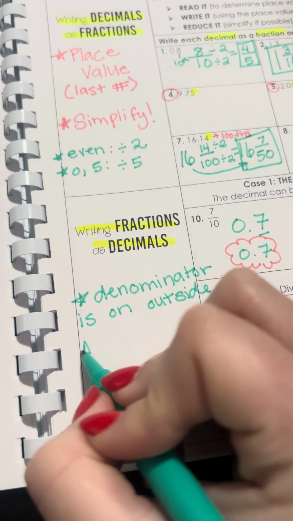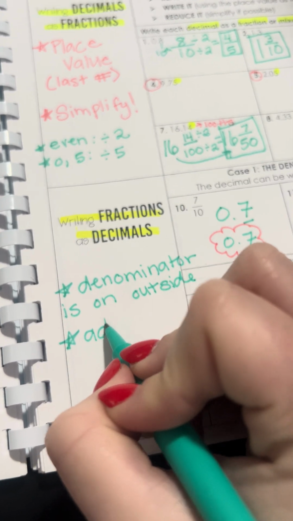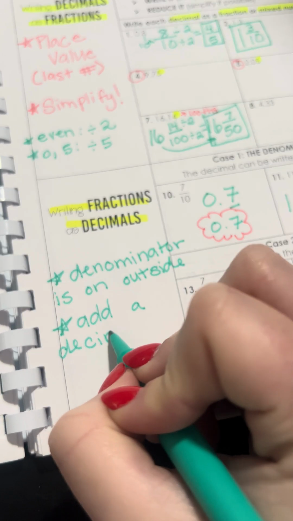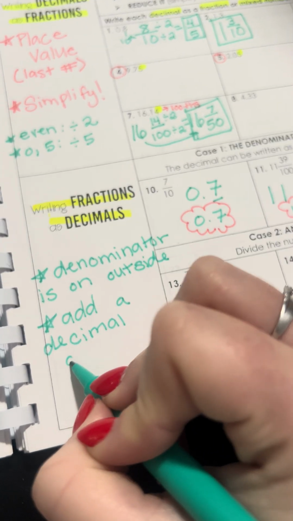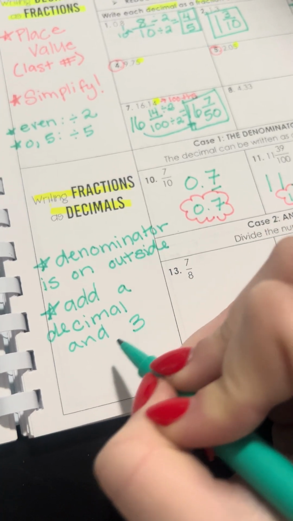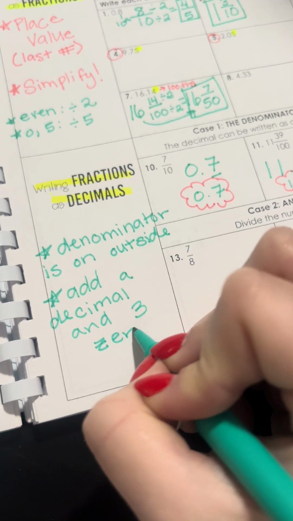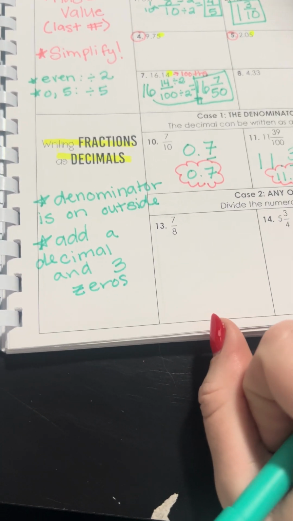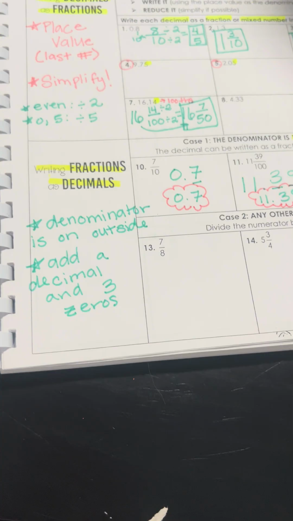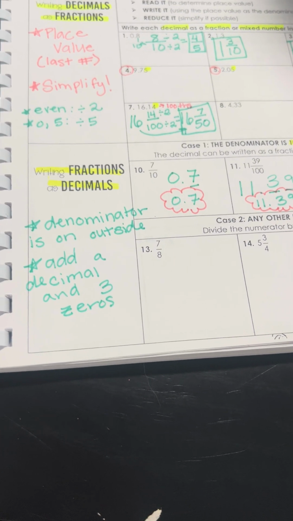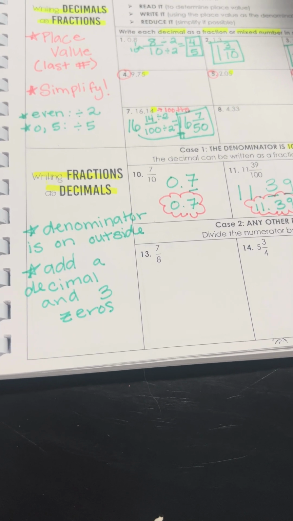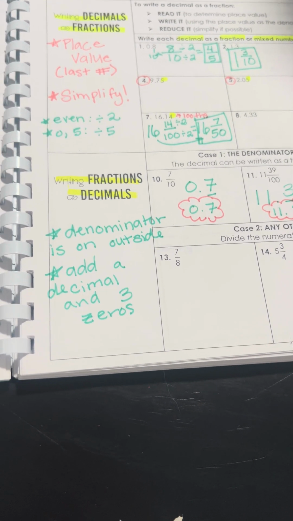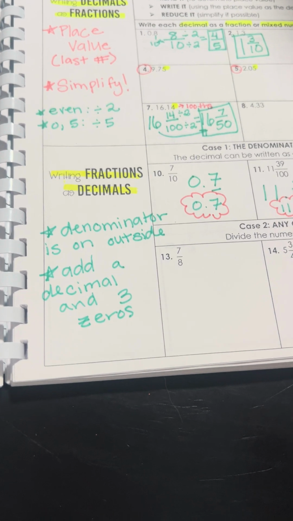And then the next step is to add a decimal and 3 zeros. Okay? You can pause the video now if you need to go ahead and write this down. This is where knowing your multiplication facts really comes in handy. So if you don't know your multiplication facts, you're going to need to skip count. All right, let's hope you had time to write that down. If not, like I said, just go ahead and pause it.